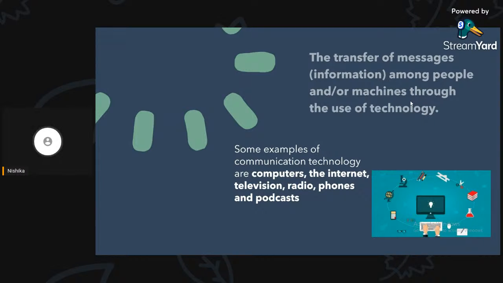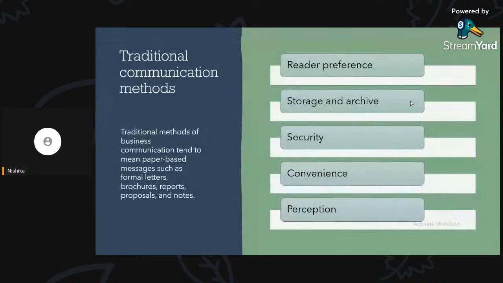Some examples of communication technology are computers or internet, television, radio, phones, and podcasts, where we make use of technology in order to transmit our message or some piece of information that we want to convey.